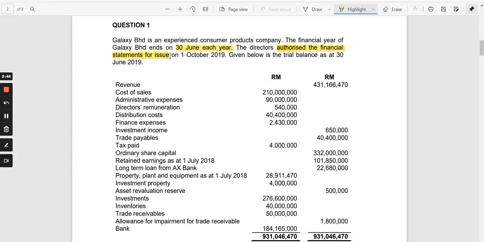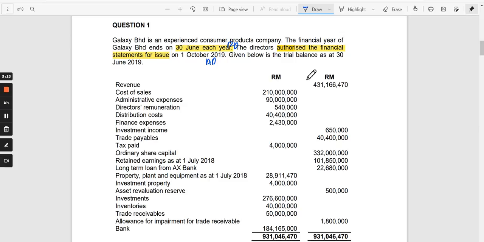So this is the authorization date, the date the financial statements were authorized for issue, and this is the reporting date. This gap between the two dates relates to events after the reporting period, the post-reporting date.